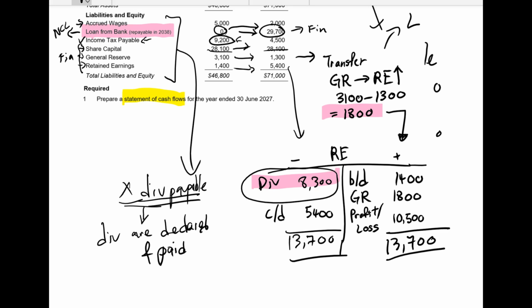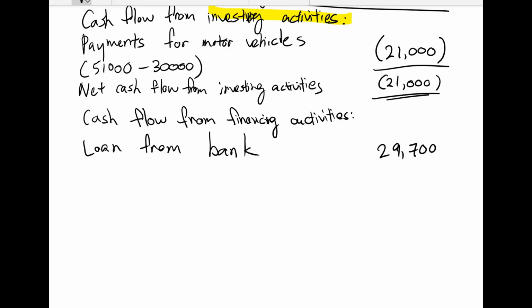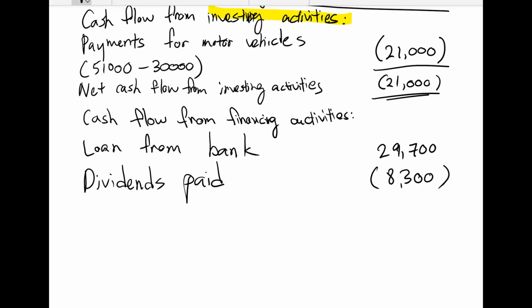So under your financing activities, you will have dividends paid, and your dividends paid will be 8,300. Don't forget to put a bracket because this is a cash outflow, cash coming out from your company.